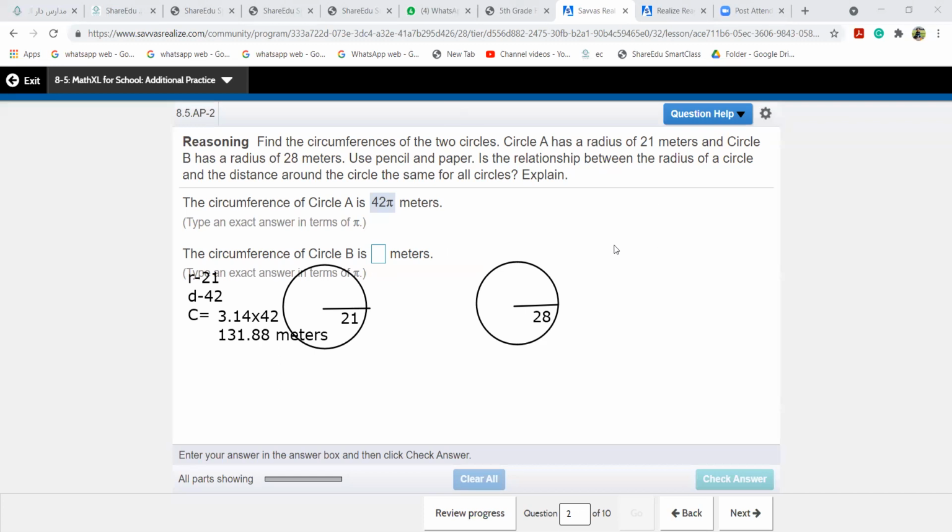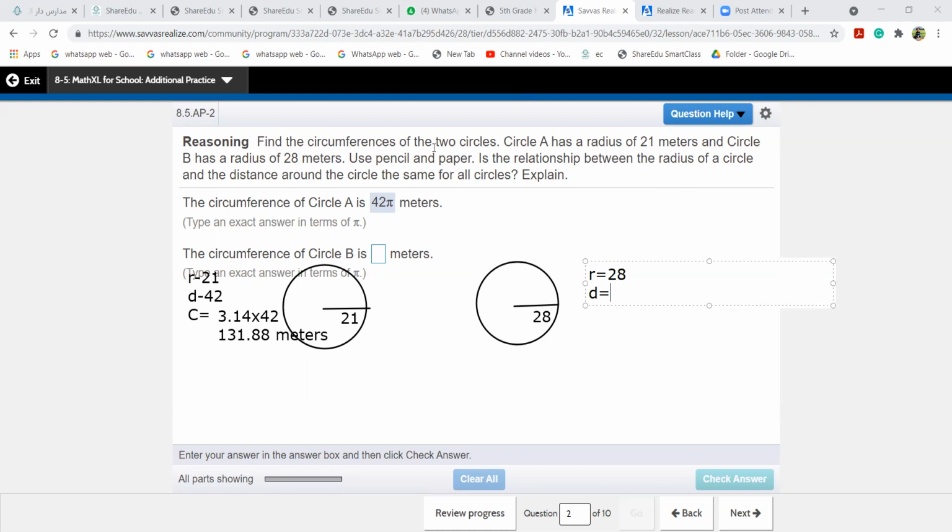Circumference of circle B. This is B. If R is 28, Judy, how much is the diameter? If radius is 28, how much is diameter? Are you listening, Judy? Yes.